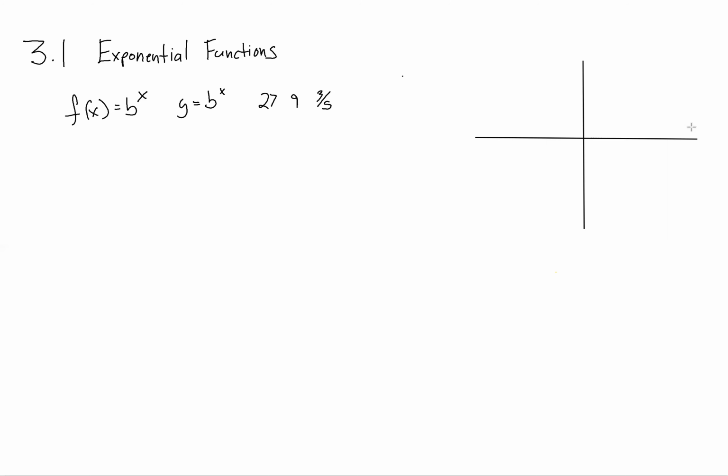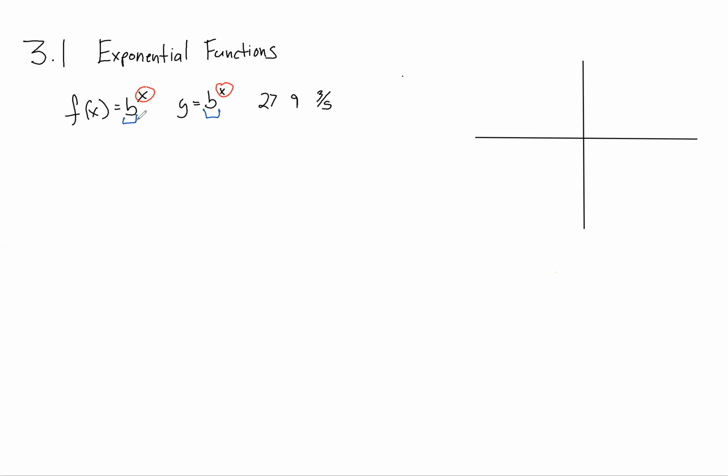So, what is an exponential function? With any exponential function, we have a base, which here is f of x equals b, for base, to the x, where x is our exponent, or y equals b to the x. f of x is just another way to say y, but we often write it that way.